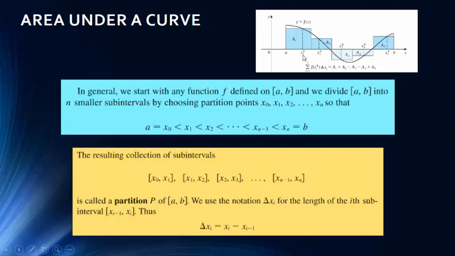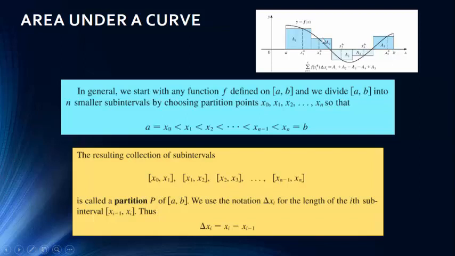So you can see here x sub 1 is actually not in the middle or on the left or the right. X sub 2 is the same. The only one that looks like it's any kind of special value is maybe x sub 4, which looks like it's the center or the midpoint of the partition A4.